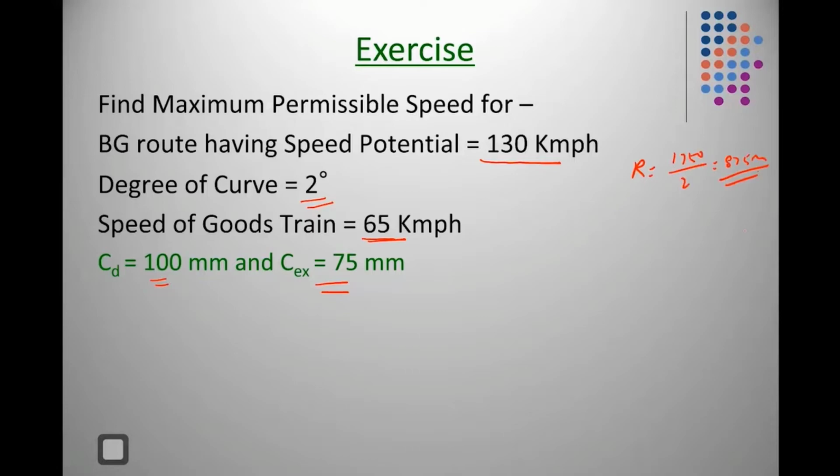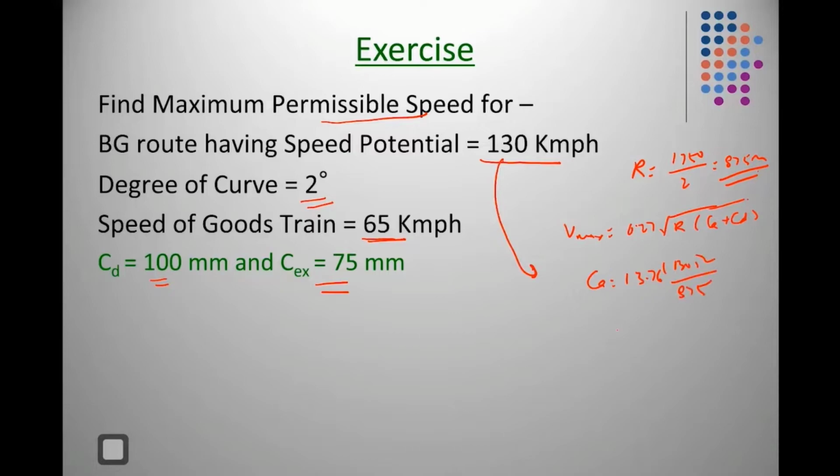Maximum permissible speed, V maximum, as we know, is going to be 0.27 square root of R into CA plus CD. So for this speed, what is the cant required? Cant required कितना आएगा? CA is equal to 13.76, V maximum is 130 square divided by 875. We will find this value.